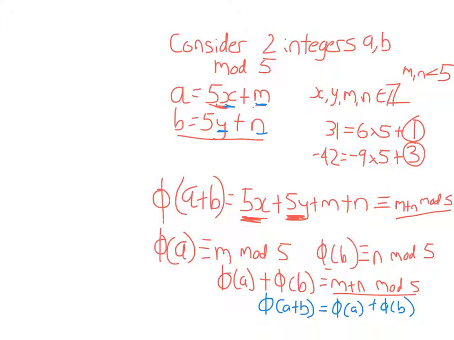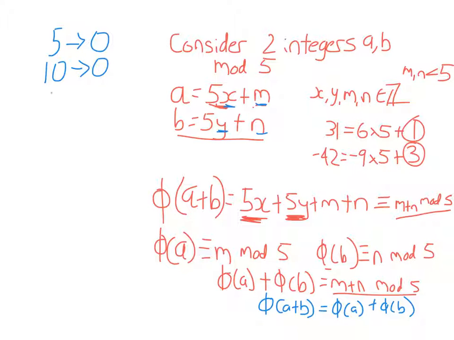So I just want you to be aware this map is clearly not one-to-one or injective, because it will map more than one integer in Z to the same integer in Z5. So for example, 5 will be mapped by phi to 0, but 10 will be mapped to 0.